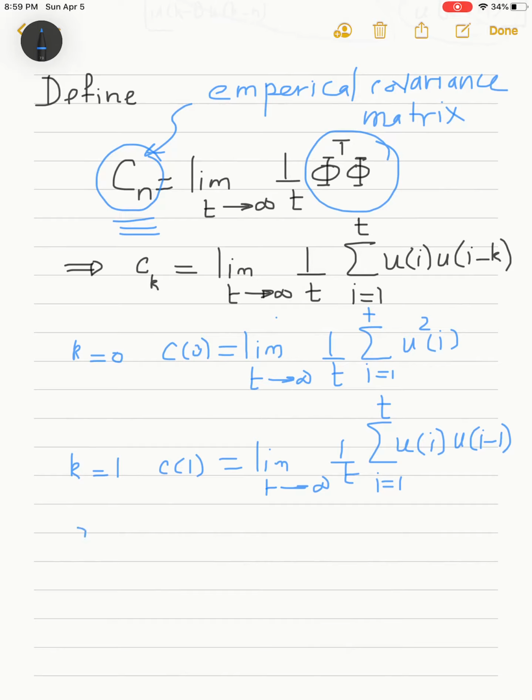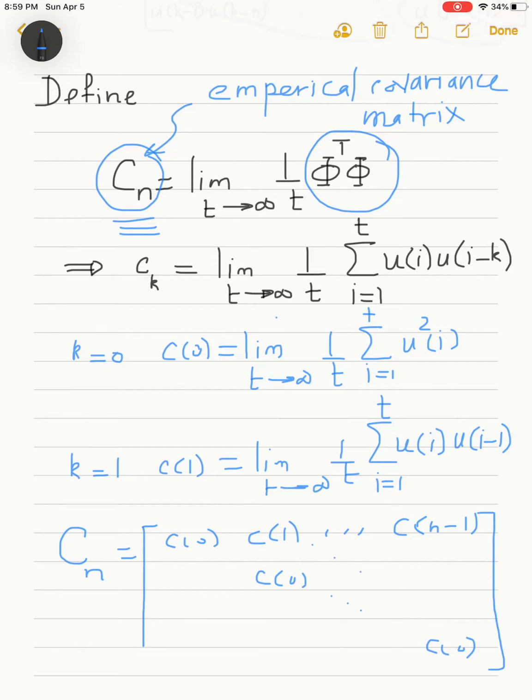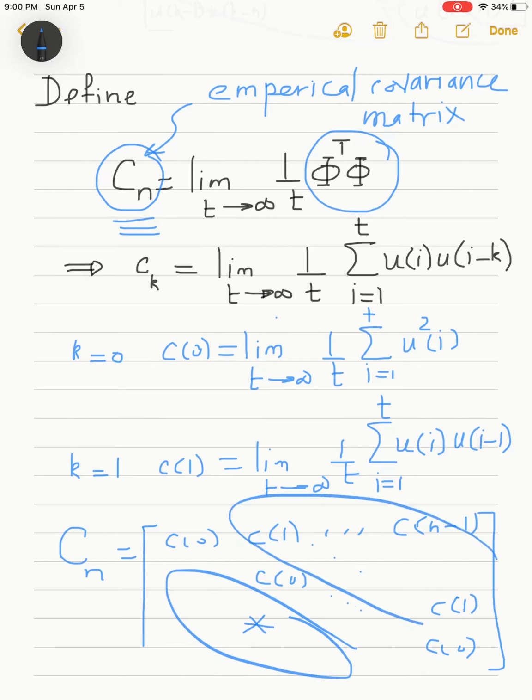So the matrix, the capital matrix Cn, could then be written with C of 0, C of 1, up till C of n minus 1. On the diagonal we'll always have C of 0, and the off diagonal will have C of 1, and so on. And as I said, this matrix is symmetric, so the upper and lower diagonal components of C will be the same.